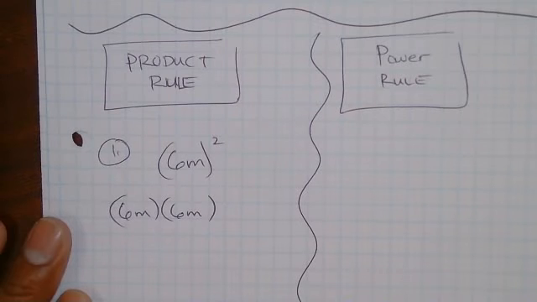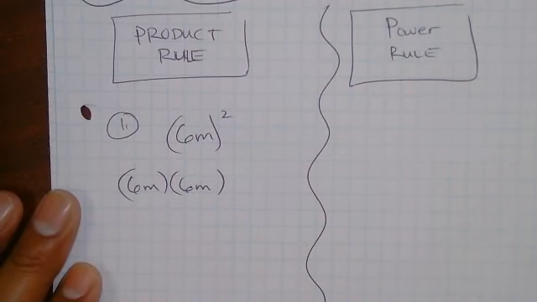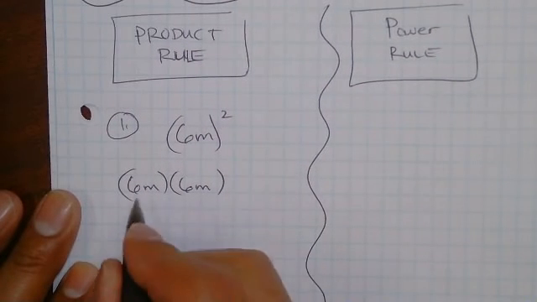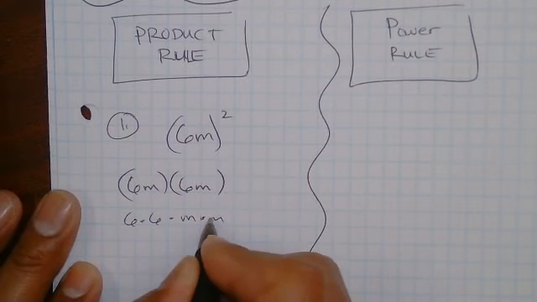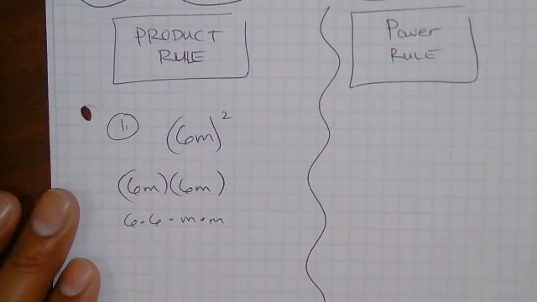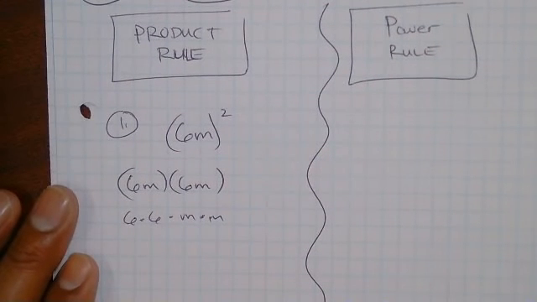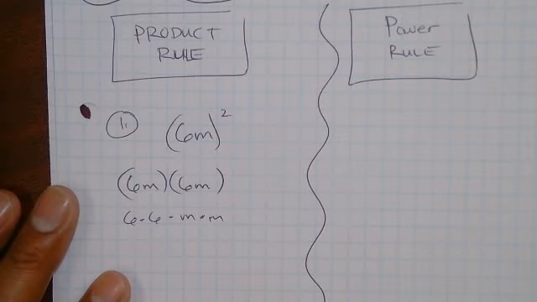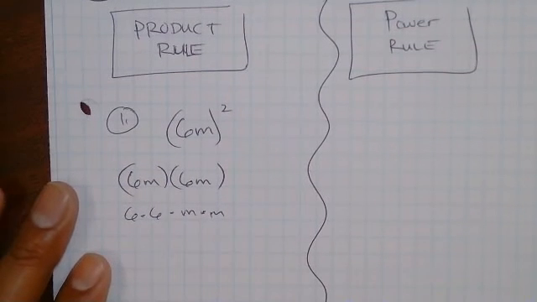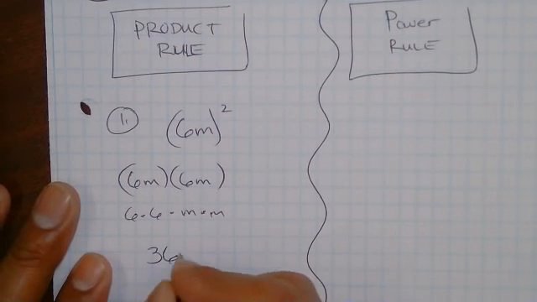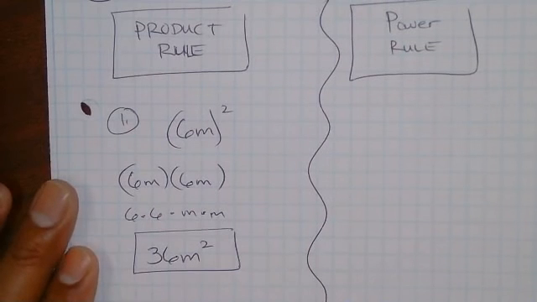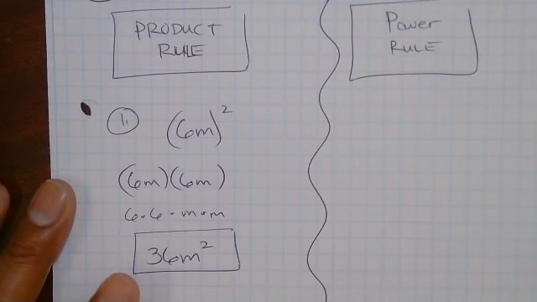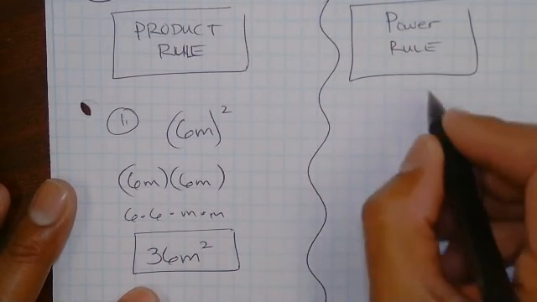And see, here you're just going to have product rule, where it will be 6 times 6 and then times m times m. Everybody agree that's the product rule? What's the answer for this? 36m squared. Yeah. That's easy, right?